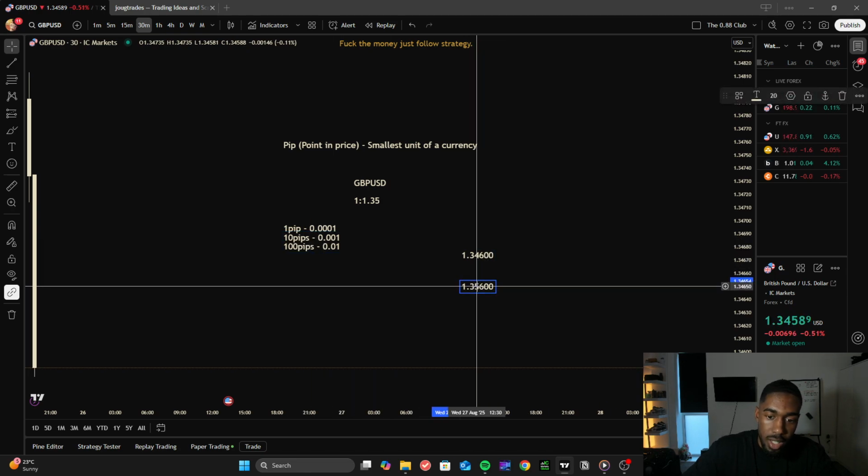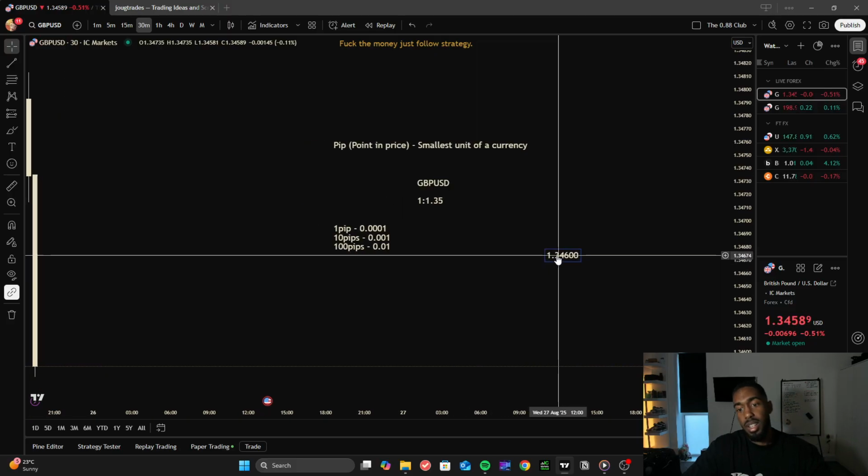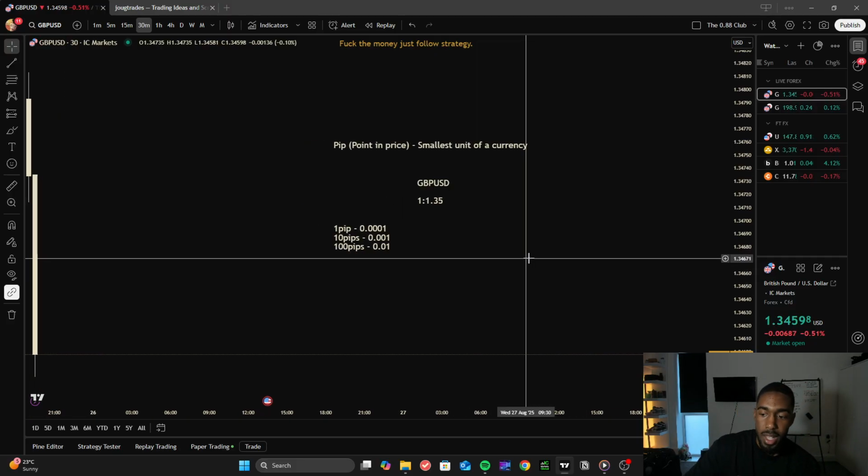So hopefully you can understand what a pip is. And I'm going to explain why we use pips. So pips, they're very small. It's the smallest unit of a currency. And with exchange rates in general, say you go to an airport, you're going to see that they're increasing and decreasing at very small rates.